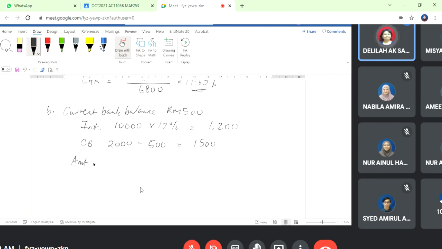So when this happens, the amount received will be 10,000, the borrowing, interest still 1,200. Okay, 1 year borrowing. But CB is now only 1,500. So this means you got 8,300 ringgit received from the bank.